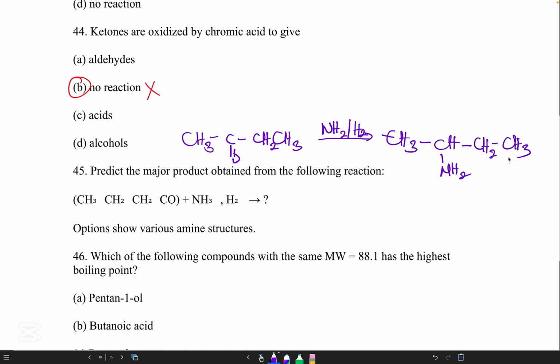You are going to see it as part of the options. All right, let me confirm something quickly. This is like a ketone reacting with ammonia, right? Is this supposed to be NH2 or NH3? I have to be very careful, because just a change here can give a different option entirely.